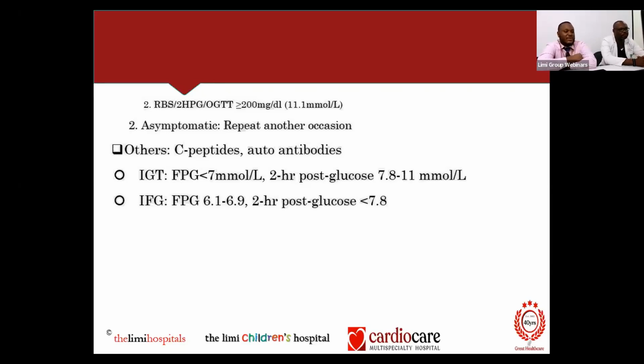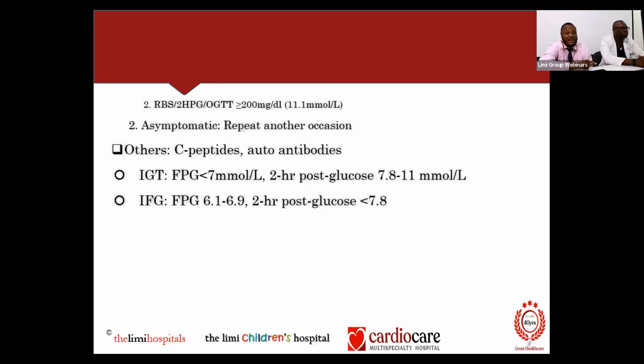The other concept for us to take note of is the pre-diabetic class, which includes both impaired glucose tolerance and impaired fasting glucose. Currently, for impaired fasting glucose, once the fasting blood sugar is between 6.1 to 6.9 millimoles per liter, we say that the fasting blood glucose is impaired.